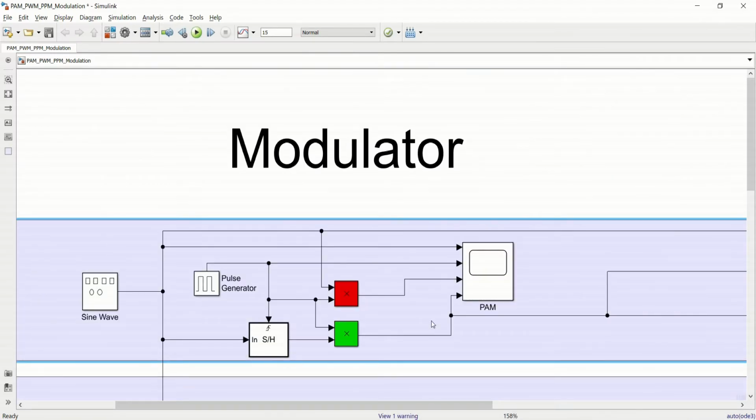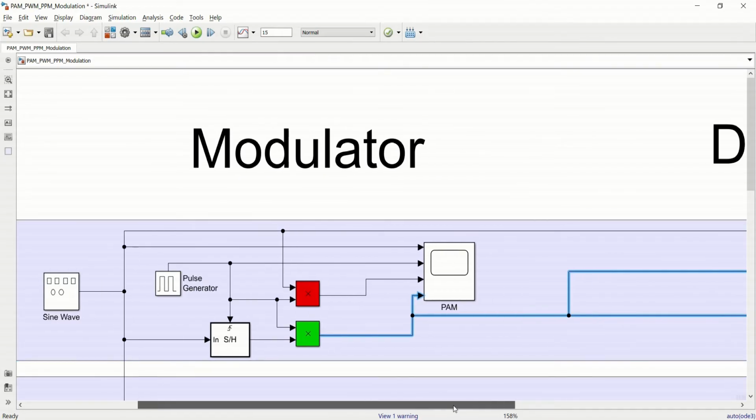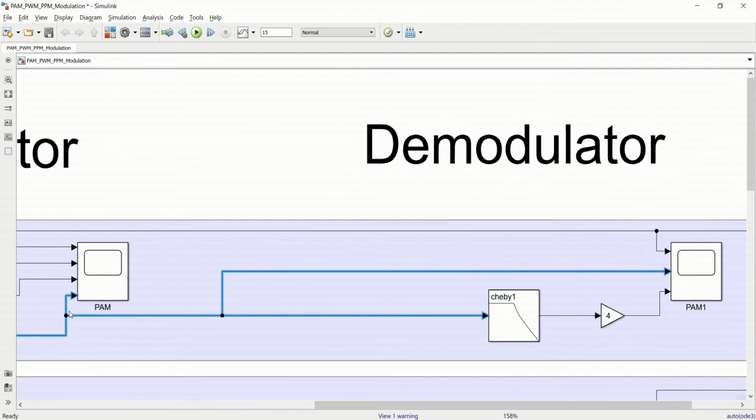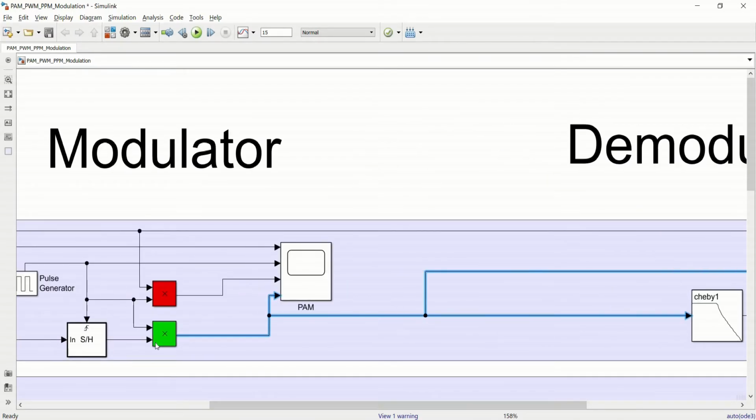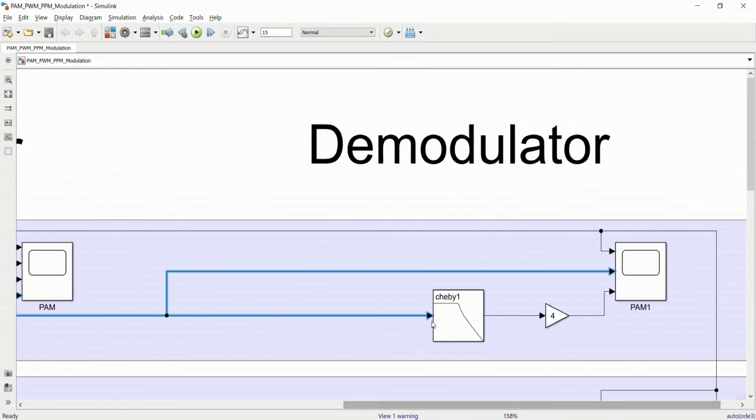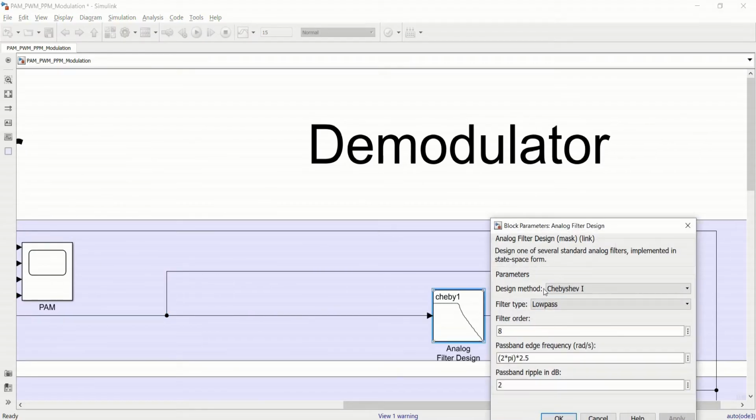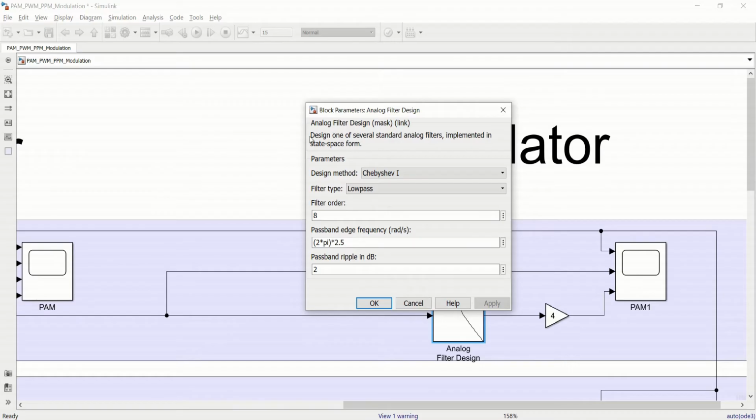Now for the demodulation we are going to consider the flat top PAM, and this output of the transmitter, coming out of this green multiplier, is fed to a low pass filter, that is, the analog filter design block, and we have selected Chebyshev 1.